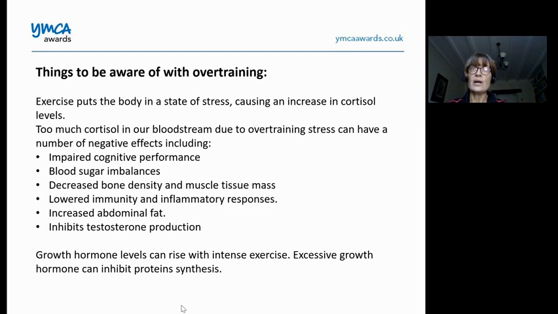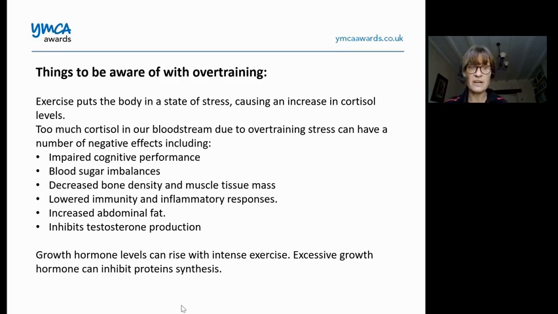So when you exercise, it fundamentally causes the body stress. And if you put your body in a state of excess stress, this is going to increase your cortisol levels. And with too much cortisol, I'd mentioned cortisol, one of the corticosteroids, this can have a number of negative effects. So you can have impaired cognitive performance, blood sugar imbalances, decreased bone density and muscle mass, lowered immunity, increased abdominal fat, inhibiting testosterone production.